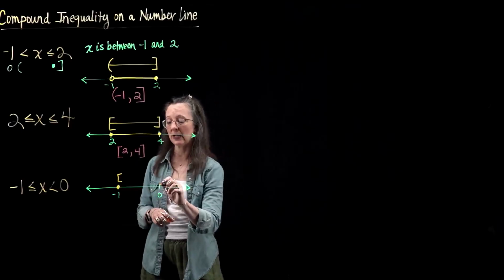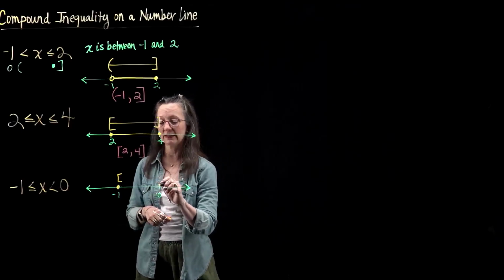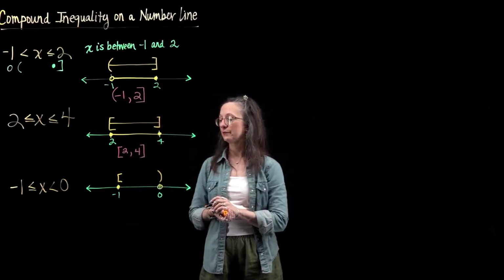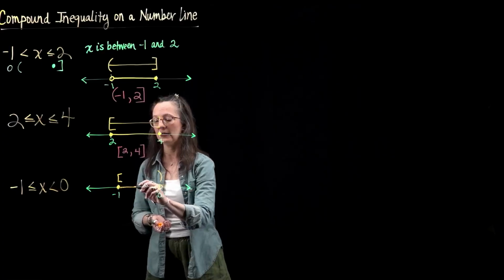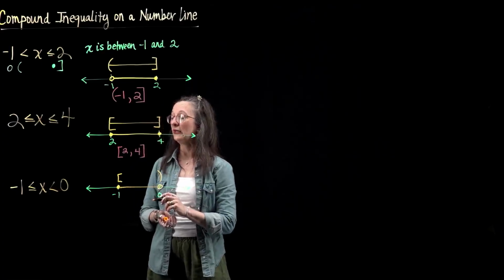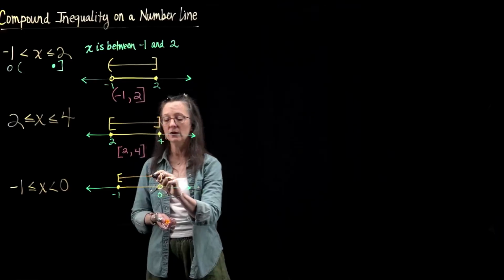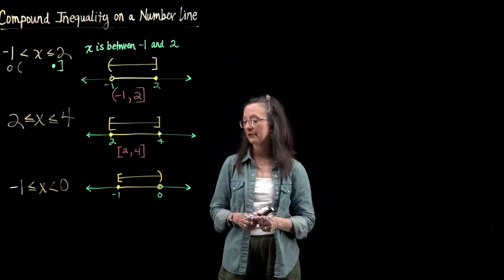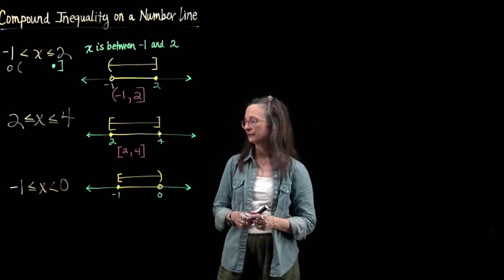On the 0 side, it is a strictly less than, so that would be an open dot or a parentheses. And as we spoke it, x is between -1 and 0, so we would shade what is between those two values in either case.